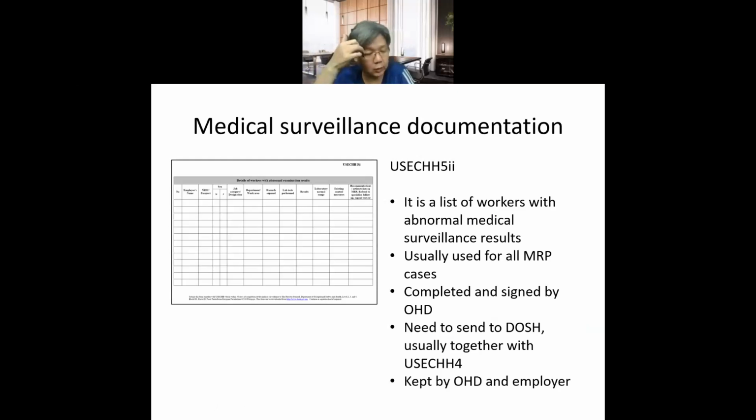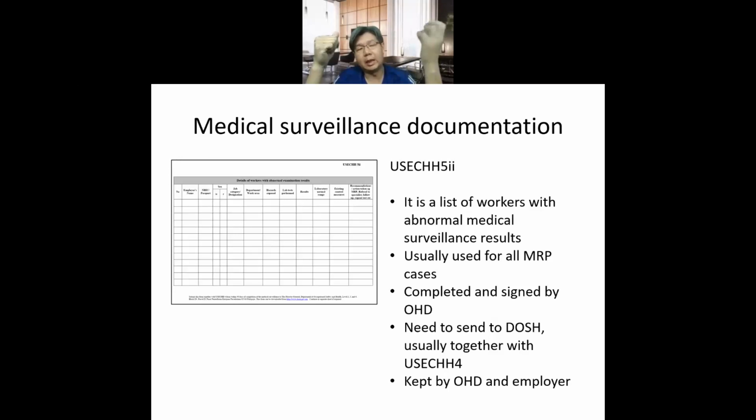If you remember the lecture I gave to you before this, in order for a person to develop a disease, there is a gap between the level of chemical detected in the body until he develops certain symptoms. Okay.